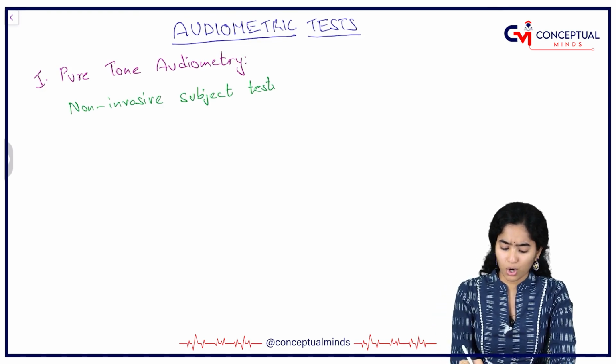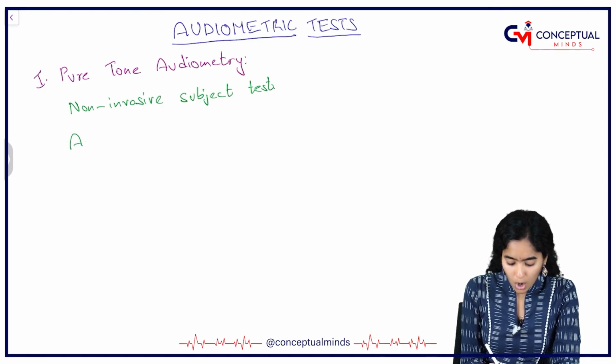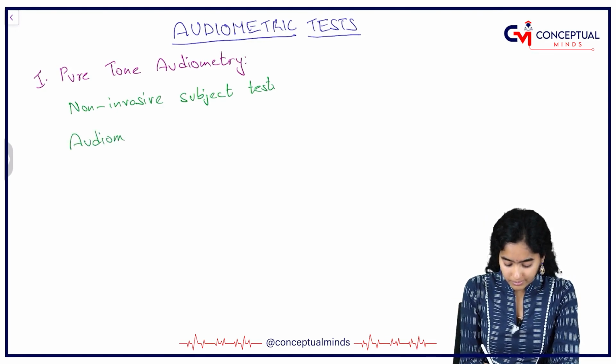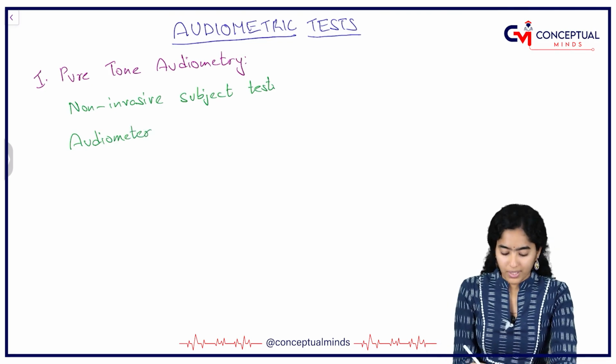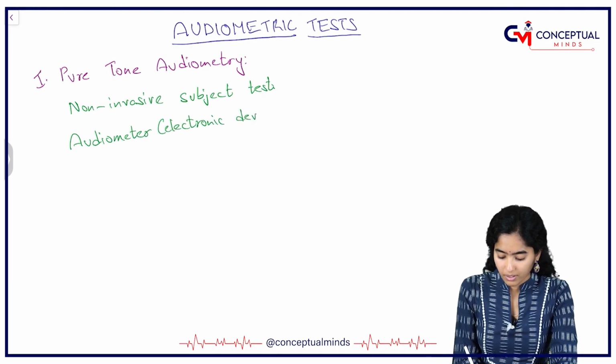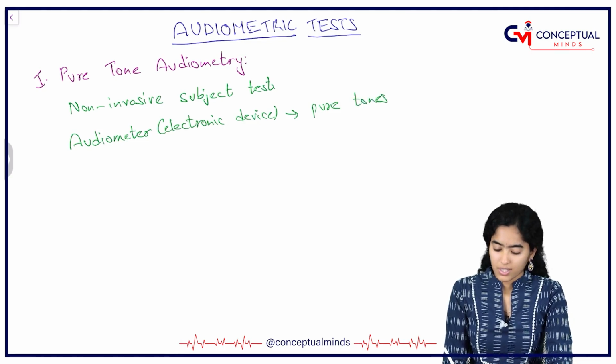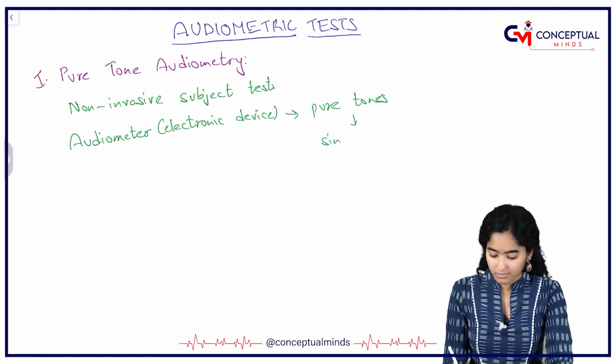So in pure tone audiometry, we use an electronic device called as audiometer. So audiometer is an electronic device that produces pure tones, that is single frequency sounds.